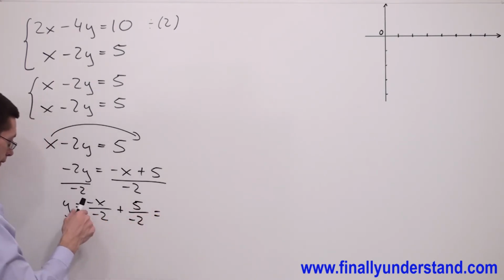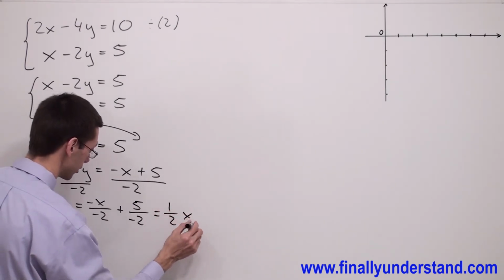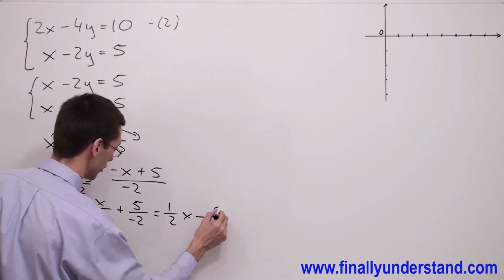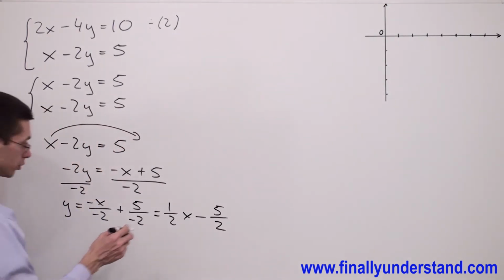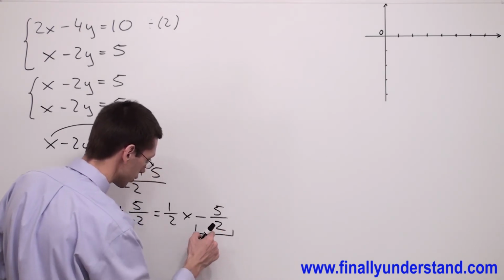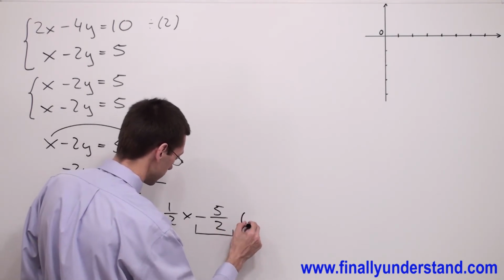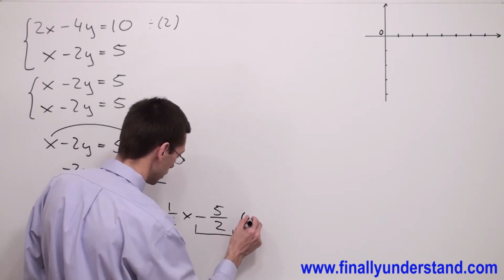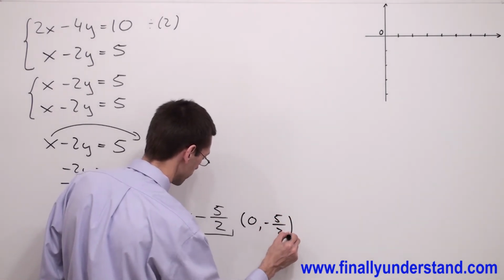Negative and negative will cancel out, and I have simply 1/2 x. Positive divided by negative will give me negative 5 over 2. Don't forget that this is my y-intercept. So I'm supposed to write that my first point has the coordinates 0 and negative 5 over 2.